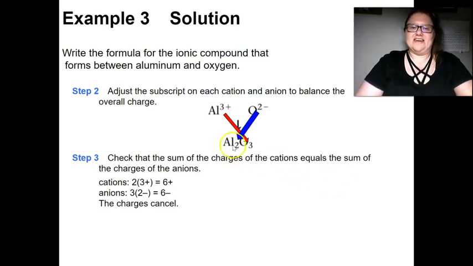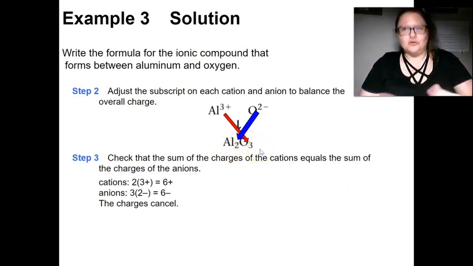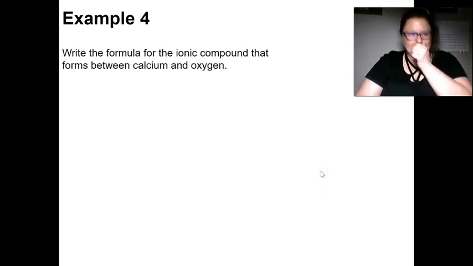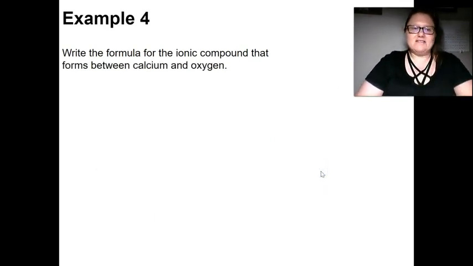But now it says I need 2 aluminums and 3 oxygens, and this will be a neutral, no charge, stable compound. That's the idea. Okay, example 4 for you guys. Write a formula for the ionic compound that forms between calcium and oxygen.